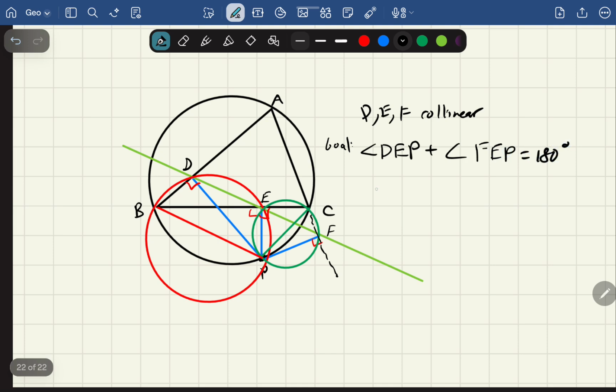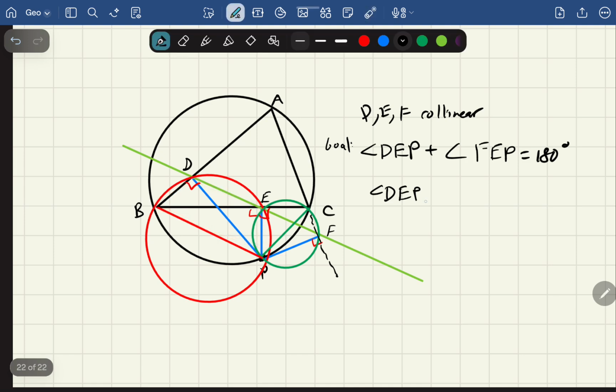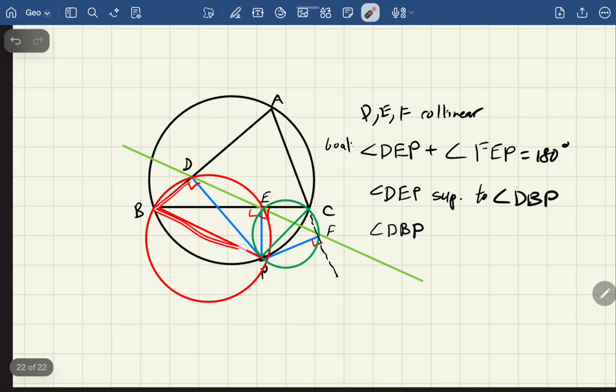is 180. So what do we know about DEP? Well, in this circle, DEP is supplementary to DBP. But what can we say about DBP? Well, DBP is part of this original semicircle, right?